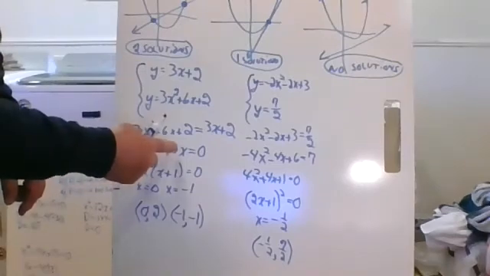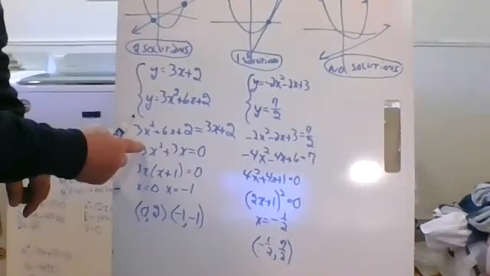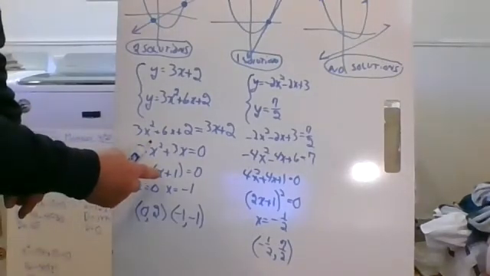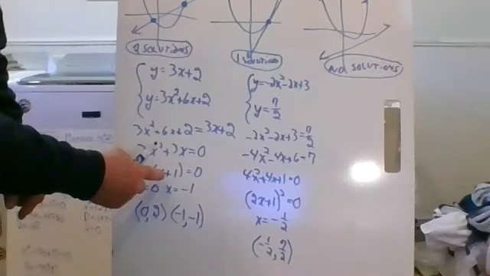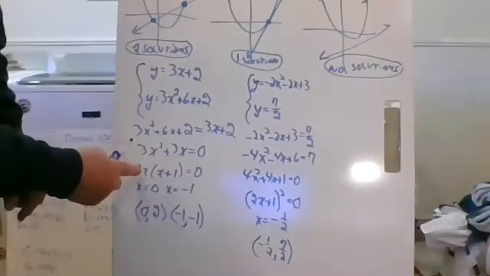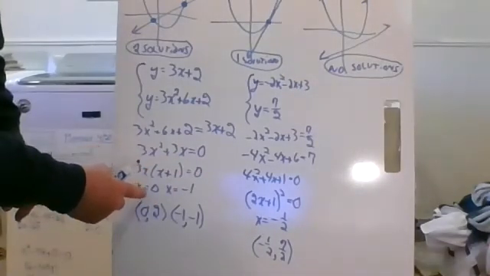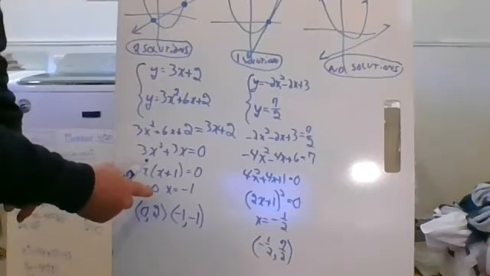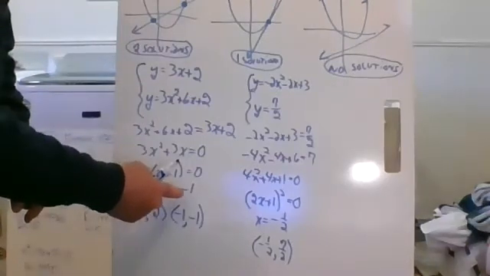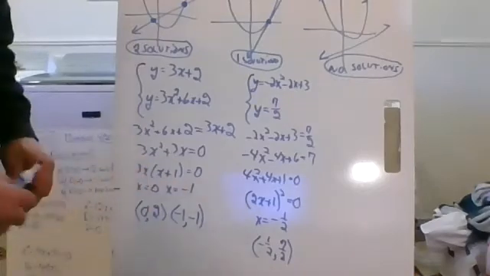Now that's not a trinomial, but this is solved by GCF. You take out a 3x, you're left with x plus 1 equal to 0. And then you set 3x equal to 0 and get x equals 0. Take x plus 1 equal to 0 and get x equals -1.